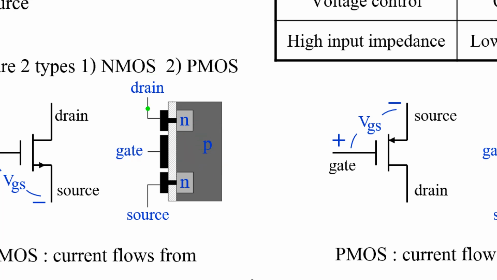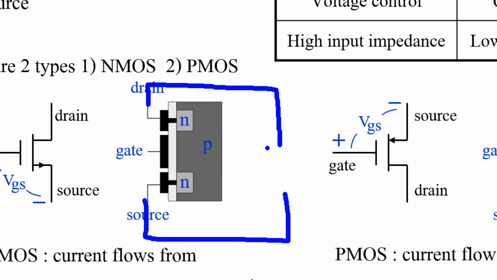Now let's consider if I apply some external voltage source like this. The question is, is there some current flowing from drain to source or not?